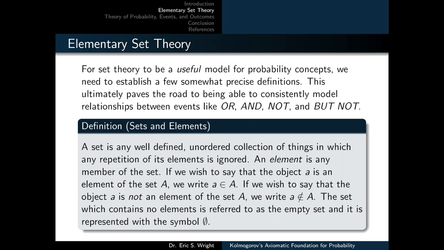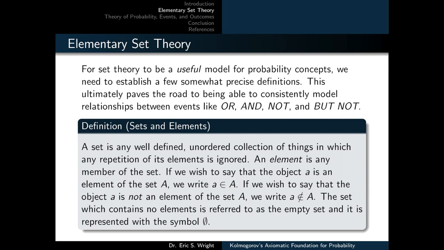This definition should shed some light on why we draw parallels between events and outcomes of probability and sets and elements of set theory. Sets and elements are just abstract categories together with the objects that belong to them.